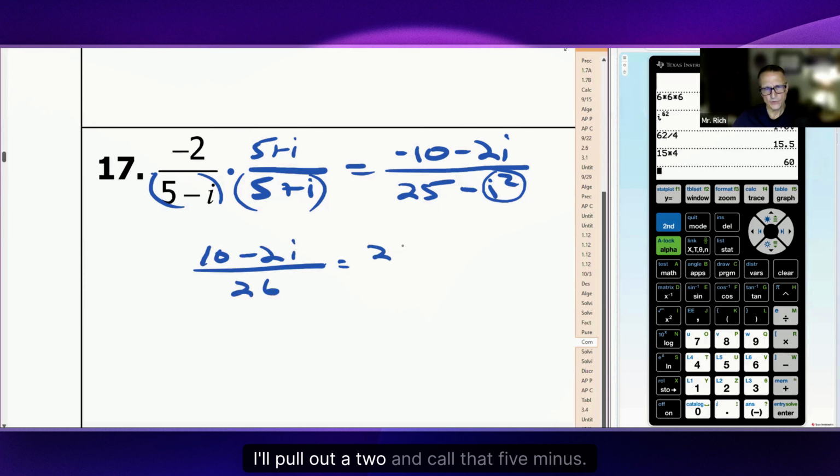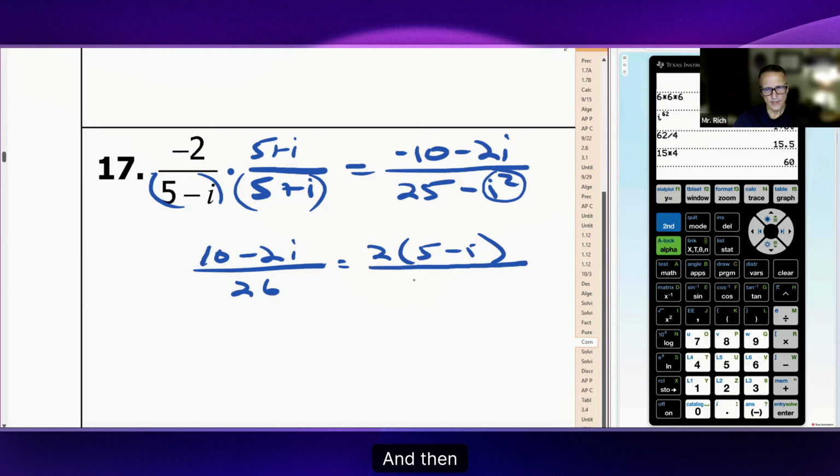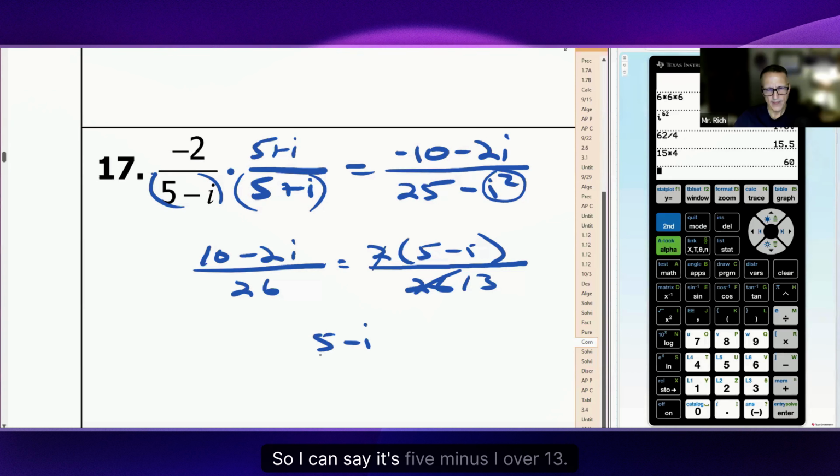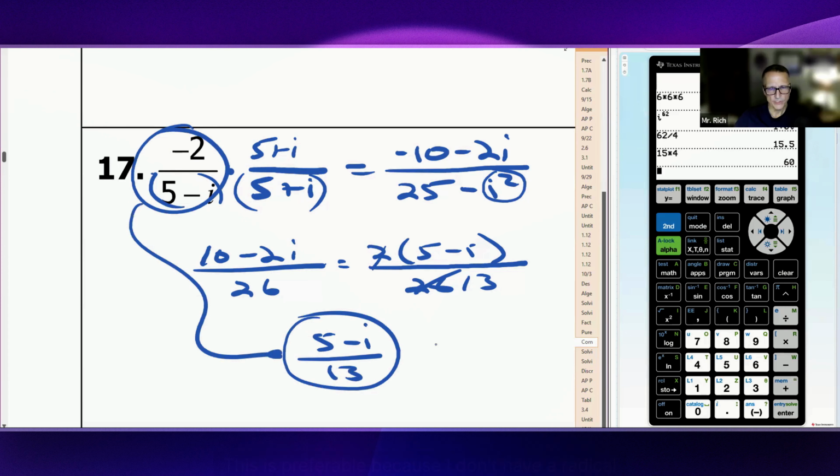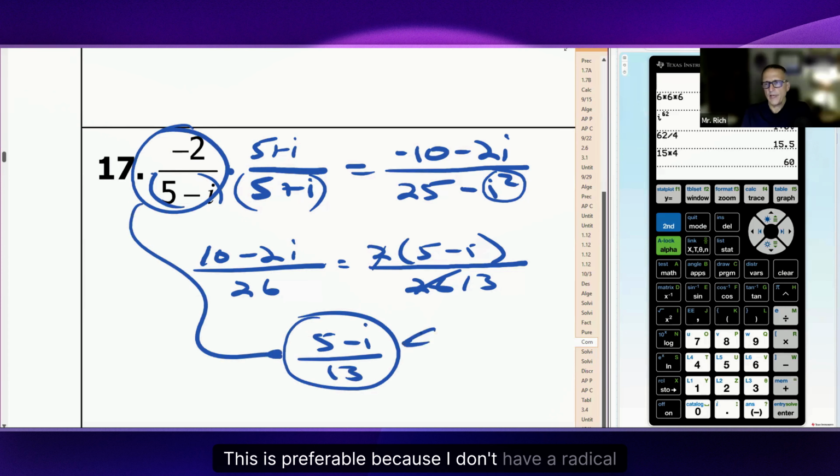I'll pull out a 2 and call that 5 minus i. I could have maybe not distributed that. And then that allows me to simplify with a 13. So I can say it's 5 minus i over 13. So these are equivalent complex numbers. This is preferable because I don't have a radical down in the denominator.